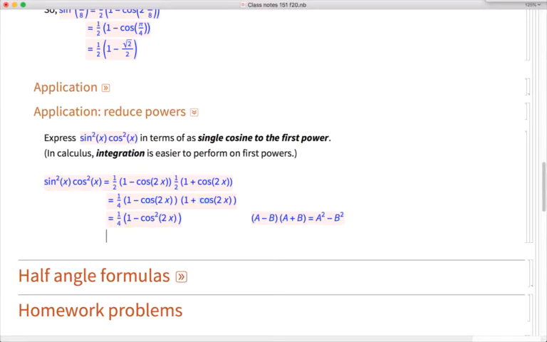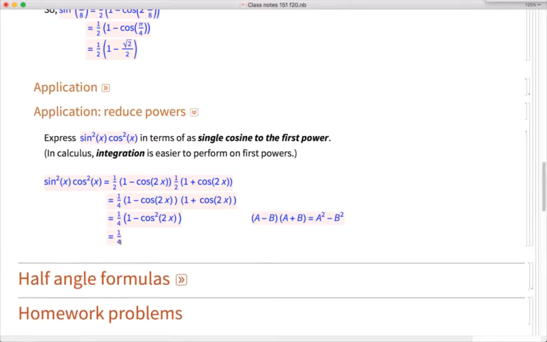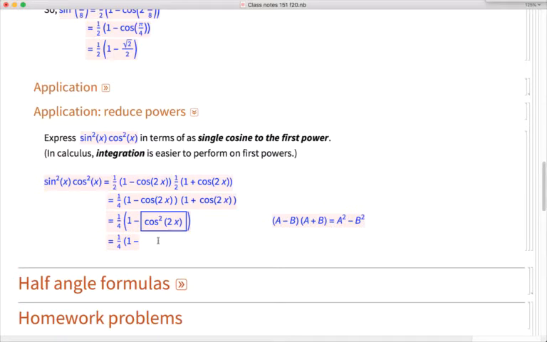Okay, so it turns out all we need to do is bravely replace one more time. What we're going to do is replace this cosine squared, again using the identity for cosine squared. So cosine squared is 1 plus cosine of twice the angle, over 2.